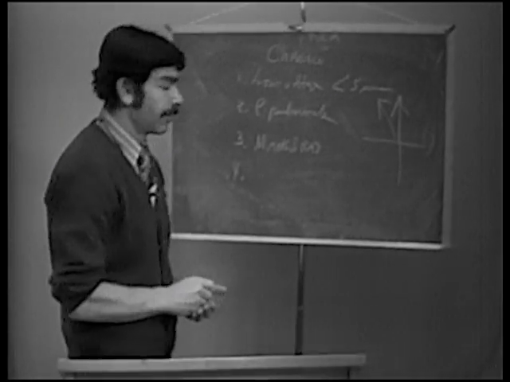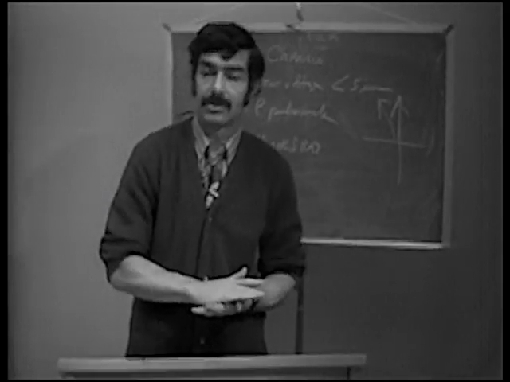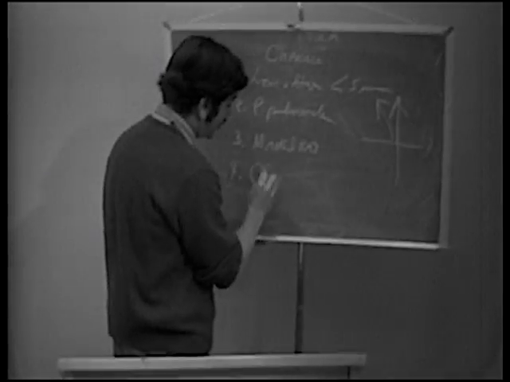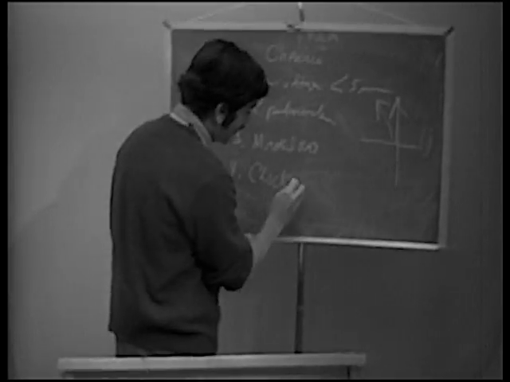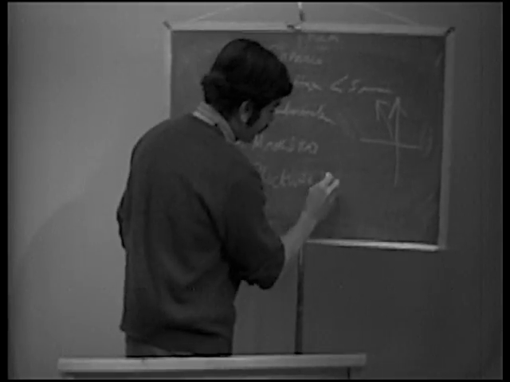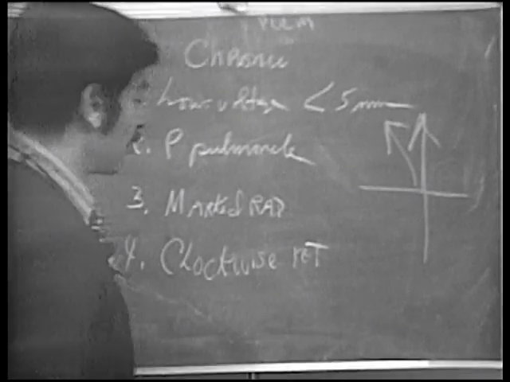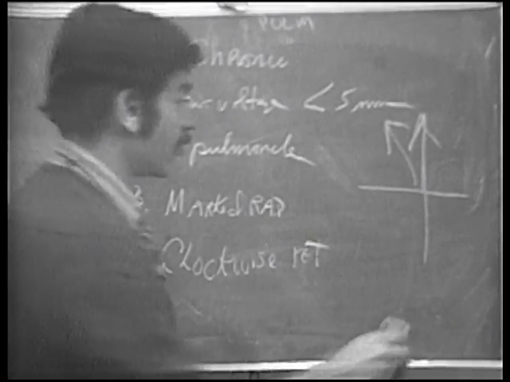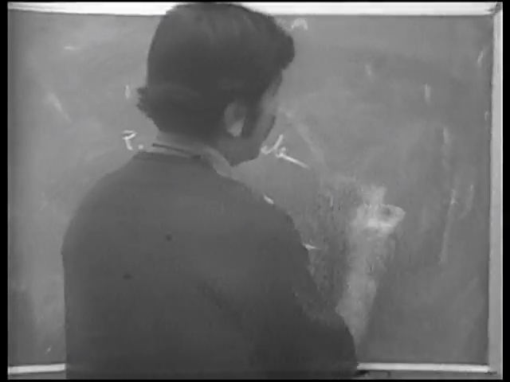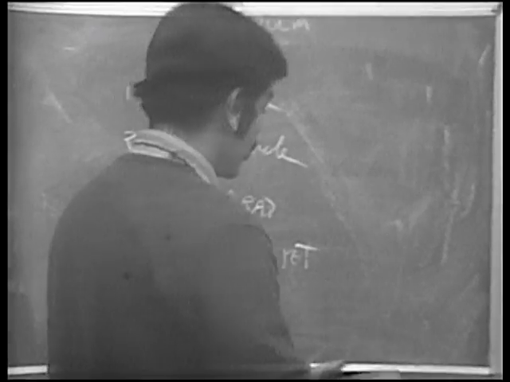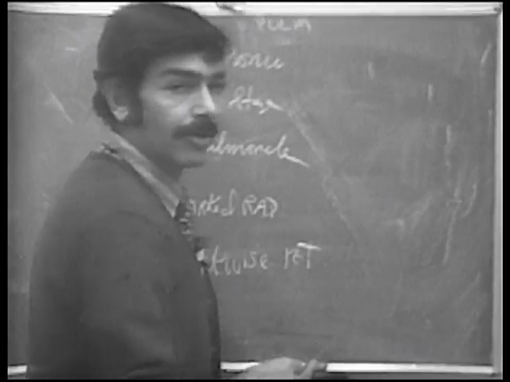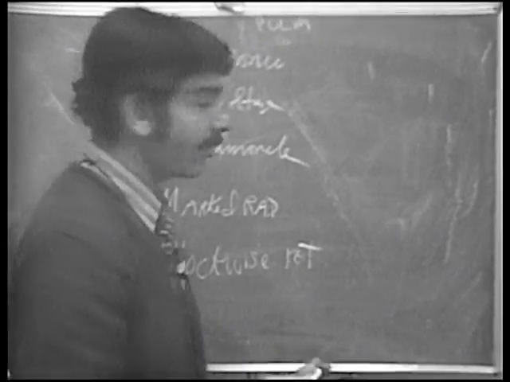Okay, a fourth criteria is what? Clockwise rotation, right. Clockwise rotation of the QRS in the horizontal plane. And you all recall clockwise rotation is like, you look for the isoelectric lead, and the isoelectric lead in the V leads we normally set is around V3 to V4.